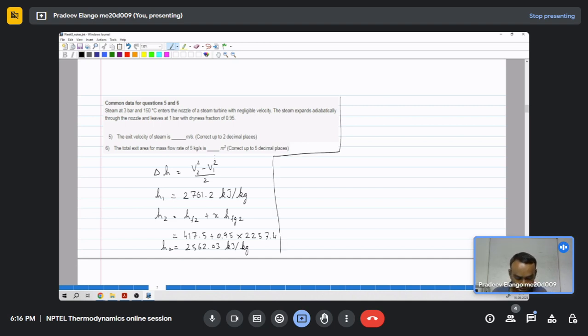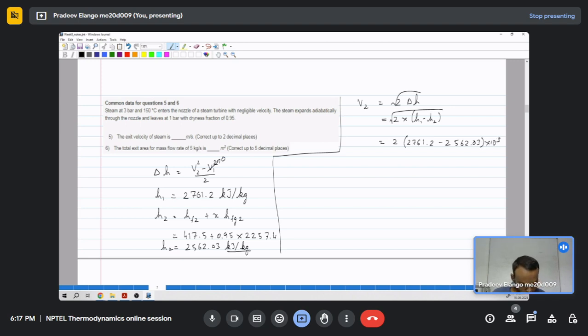Now to calculate the velocity, it is told that the initial velocity is 0. That means the steam entering the nozzle is almost stationary with a negligible velocity. So V1 is 0. So finally we are left with V2 is equal to root of 2 into delta H. So this is 2 into the change in enthalpy, that is H1 minus H2. Now we have 2 into 2761.2 minus 2562.03 into 10 power 3.